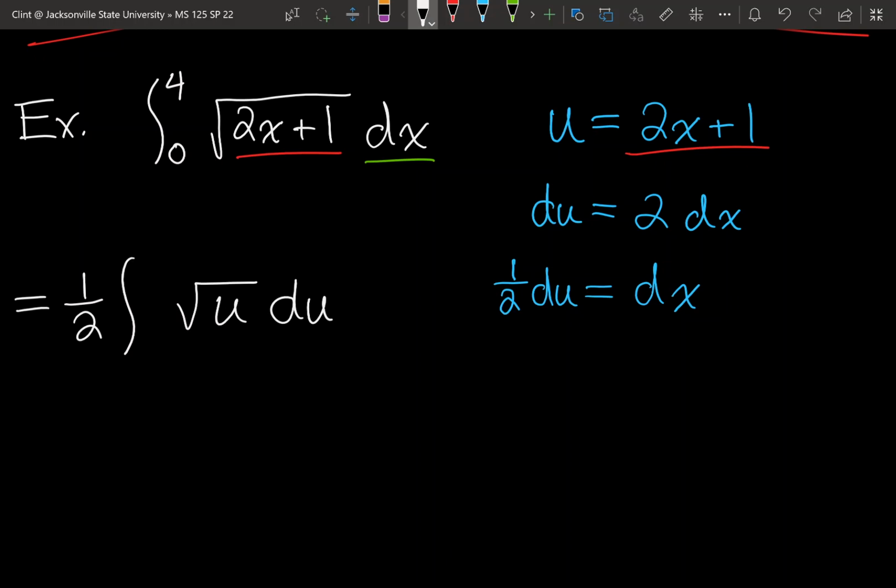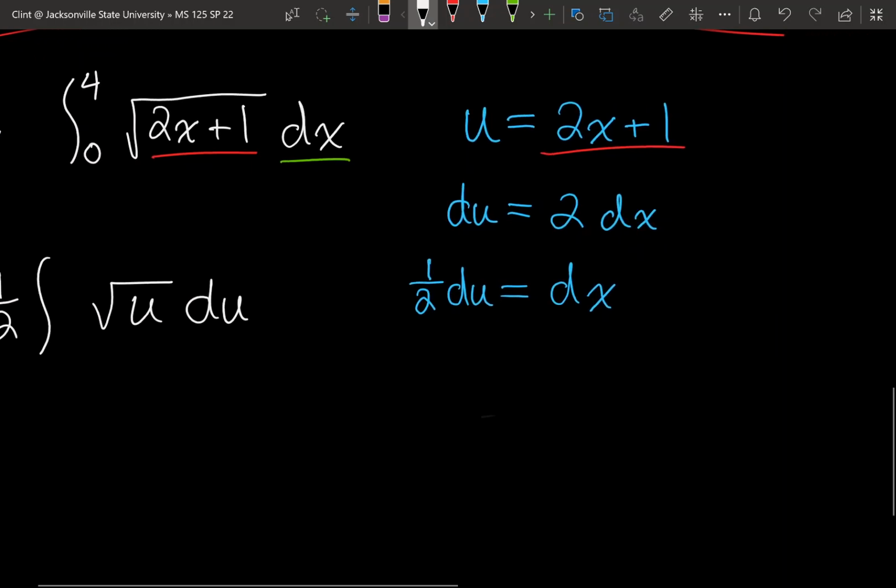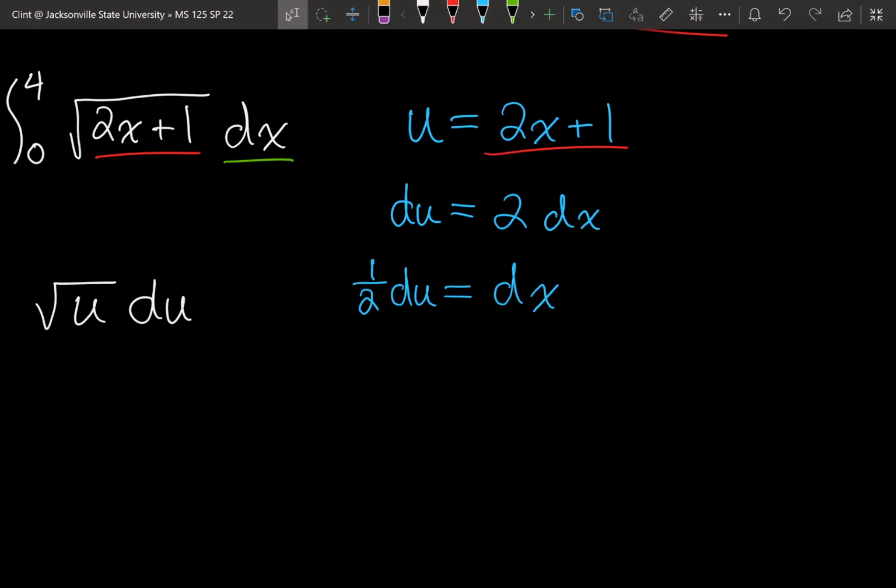The only part we're missing is our limits of integration. Up here, when we have the dx still there in terms of x, we need to figure out when x is 0 and x is 4, what would u be? All we have to do to figure that out is use this equation, because it tells us u equals 2x plus 1.